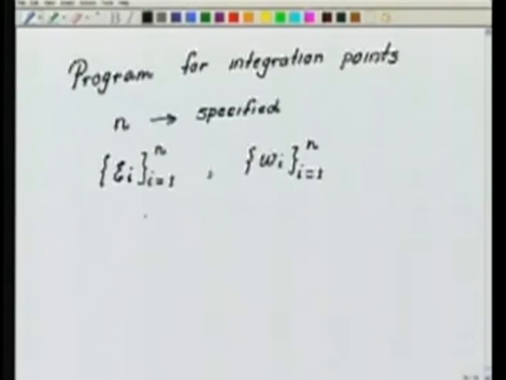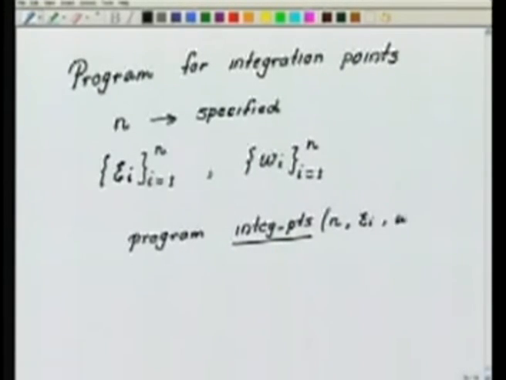Okay. Let us call this program or routine or sub program, whatever you want to call it, program integ points, where the input is n and the output is the values of the psi i's and w i's.